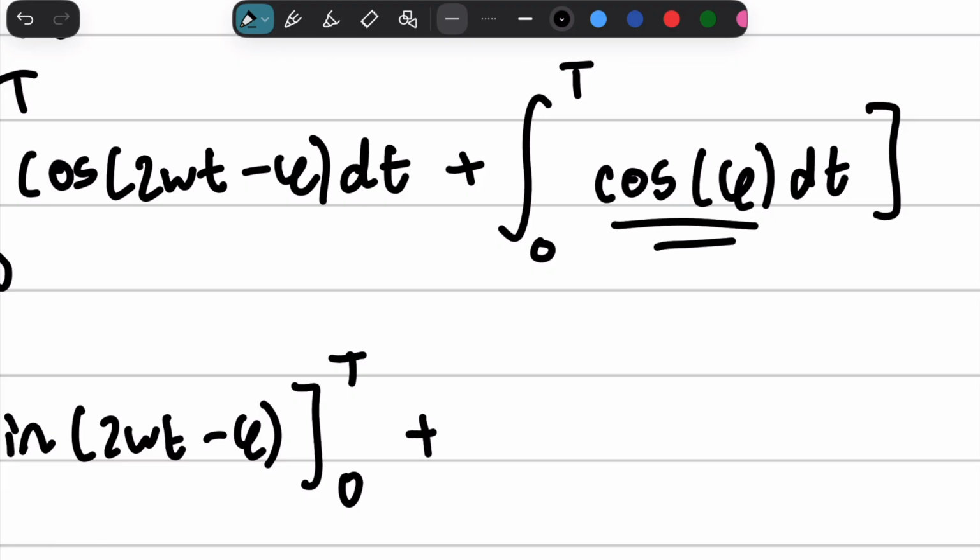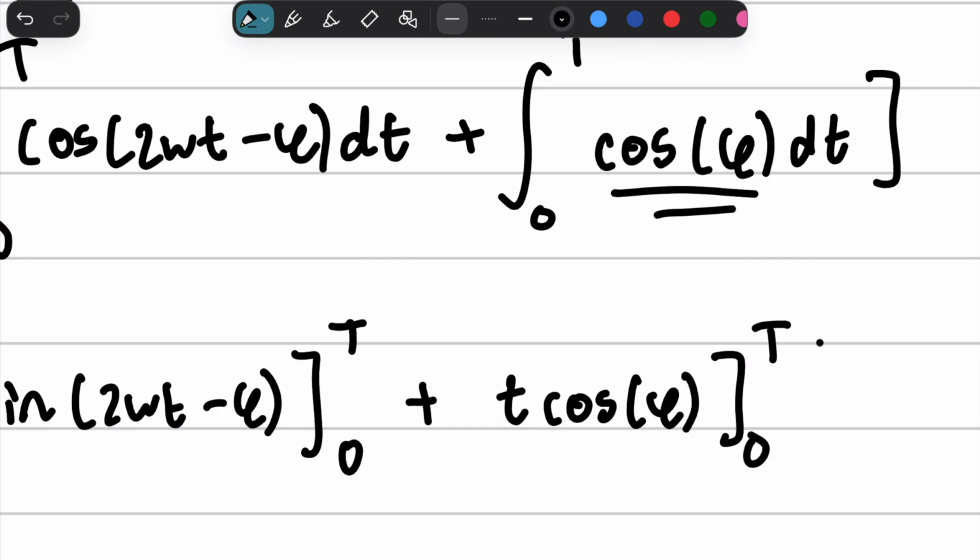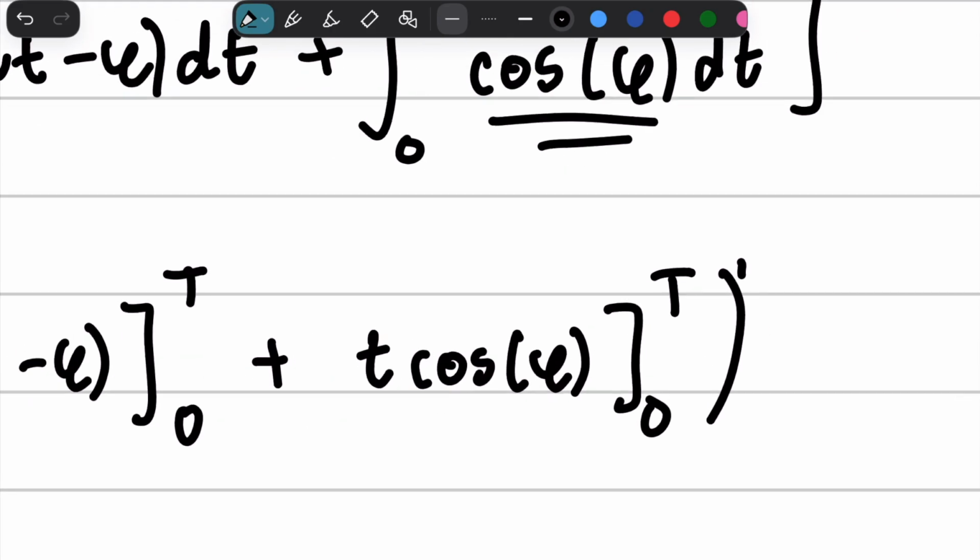This guy's a constant, so we can technically take it out. And the integral of a constant is just that variable, so it's with respect to t, cosine phi from 0 to T.